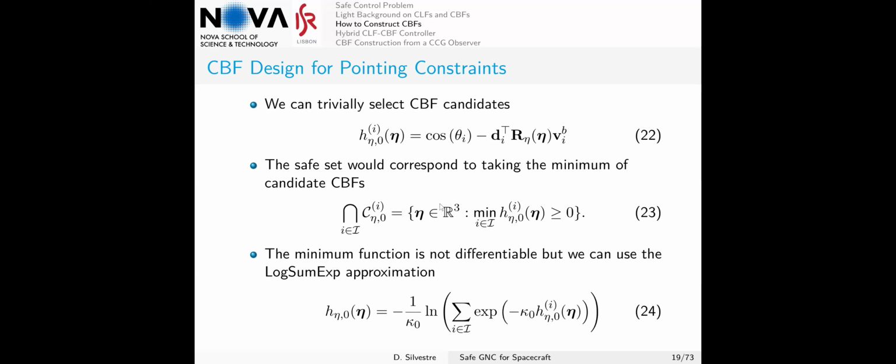That just means that I write this operation right here, the minimum of all of the CBFs, as log-sum-exp, as the name implies, of all of the lower level CBFs. Okay, and then of course with this K0 parameter, you can tune how closely you are matching this non-differentiable minimum function.